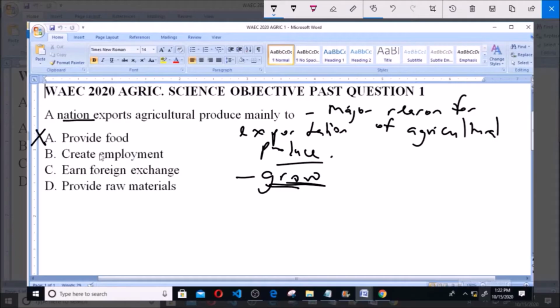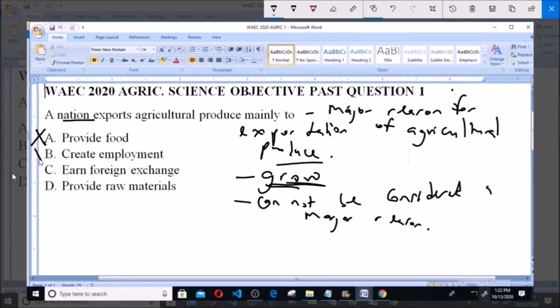Similar to provision of food, creation of employment cannot be considered a major reason as well, because it can't be said to be the main reason why a country is choosing to export its produce to another country. So option B, create employment, is not the answer.